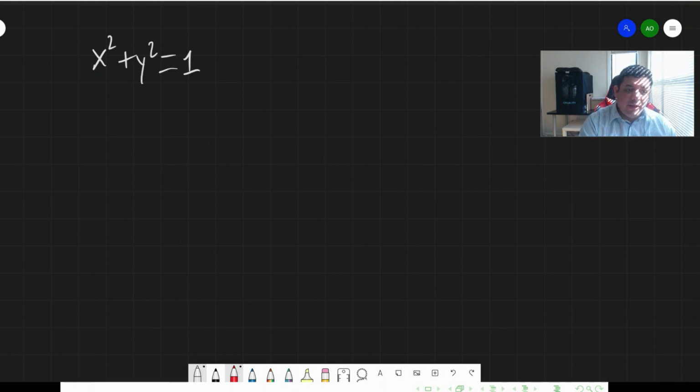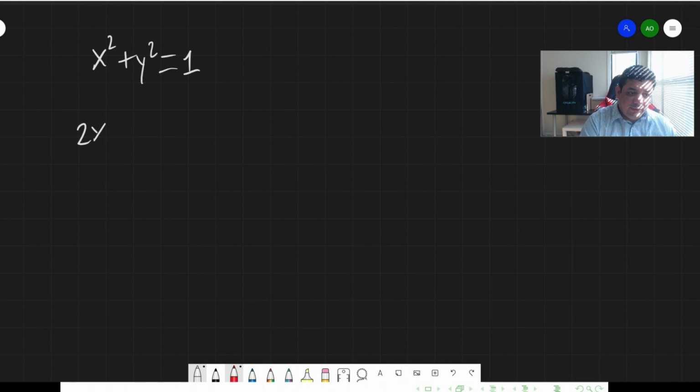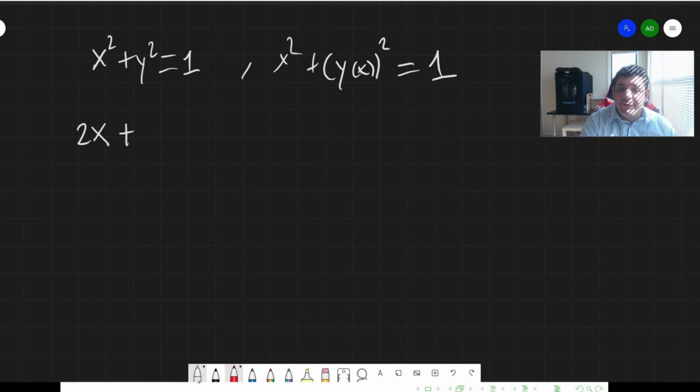Okay, so now if we consider x squared plus y squared equals 1 and we apply the derivative, the derivative of x squared is going to be 2x, and that's just as usual. Now the derivative of y squared can be considered as the same thing, right? But notice that when we have x squared plus y squared equals 1, this y of x is a function of x.